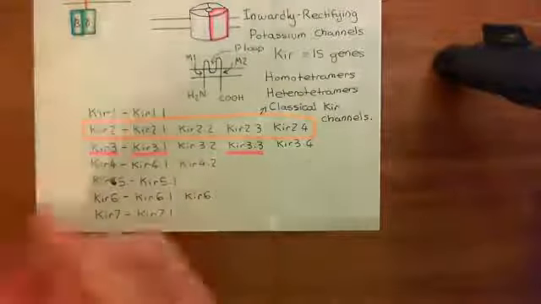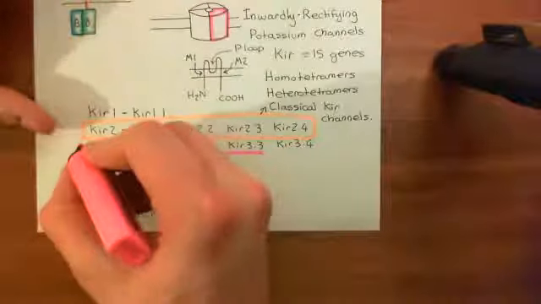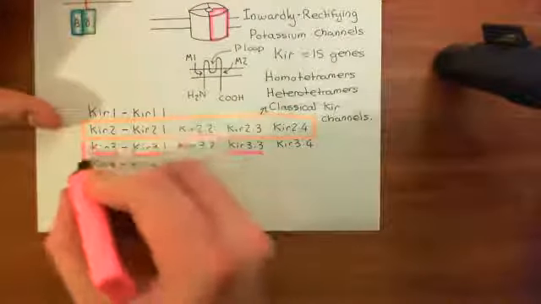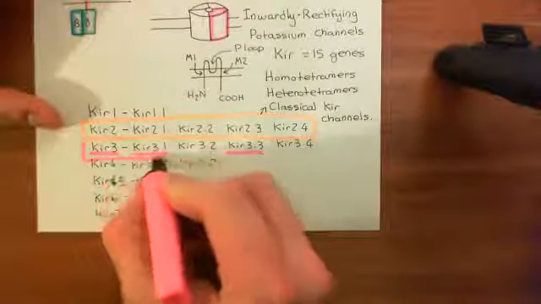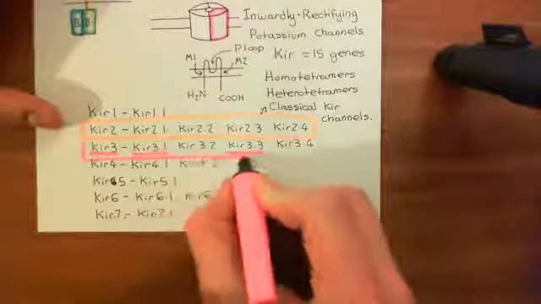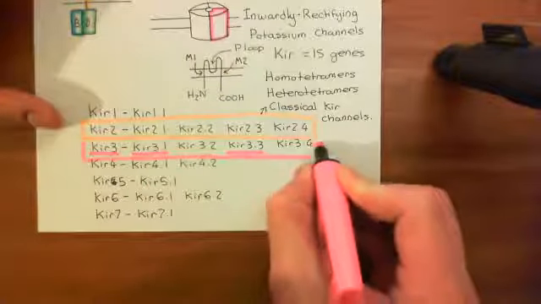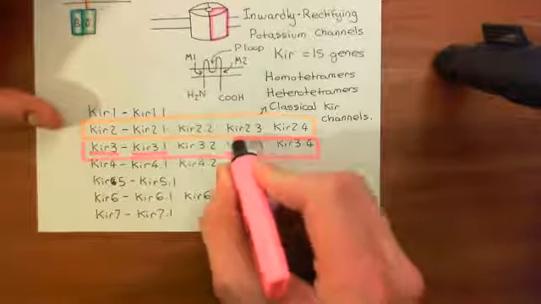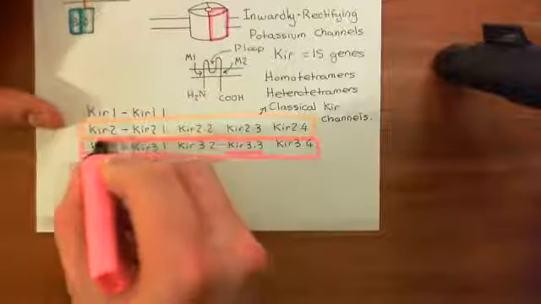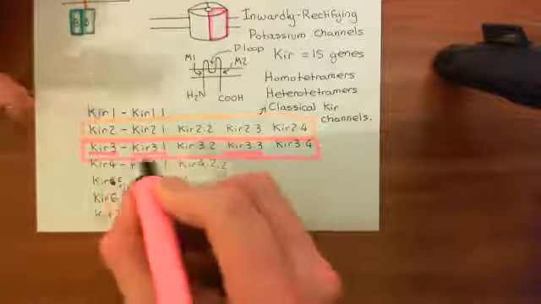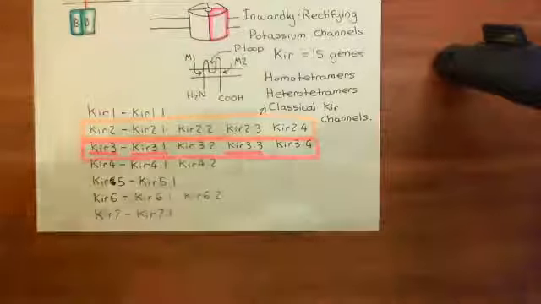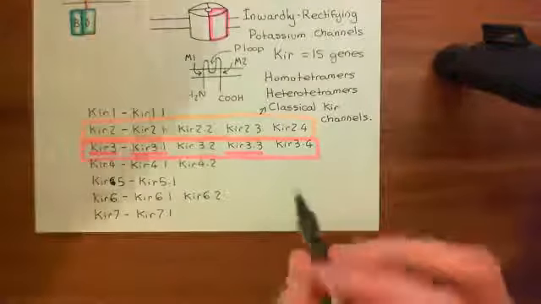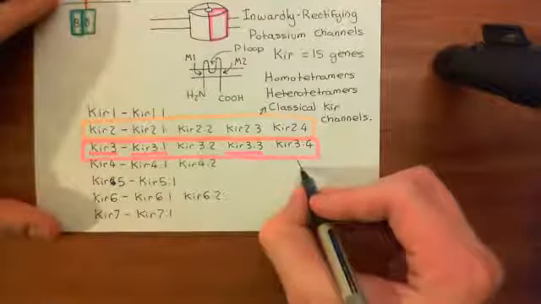Meanwhile, the inwardly rectifying potassium channels which are built out of this 3rd family here are the ones that we're going to be interested in. It's the channels built out of the inwardly rectifying potassium channel subunits in the 3rd family which we're going to be interested in.